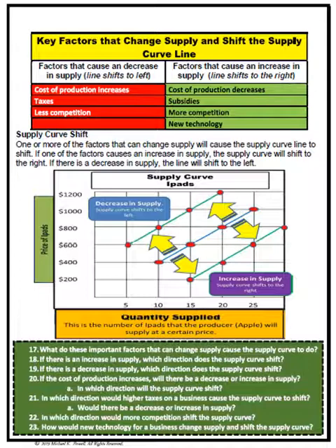Supply curve shift. One or more of the factors that change supply will cause the supply curve line to shift. If one of the factors causes an increase in supply, the supply curve will shift to the right. If there is a decrease in supply, the line will shift to the left. Here you see the chart labeled for the iPad supply curve.